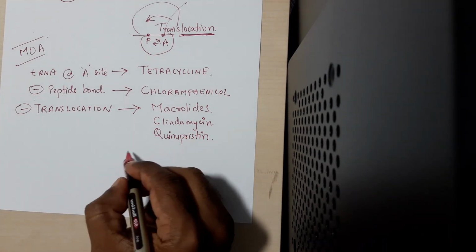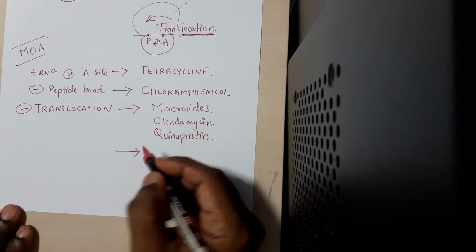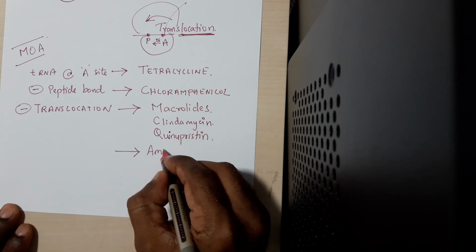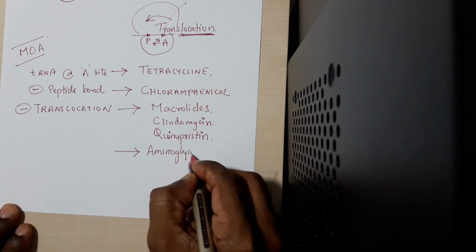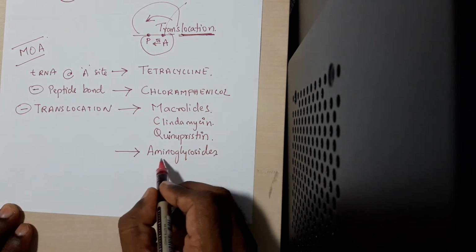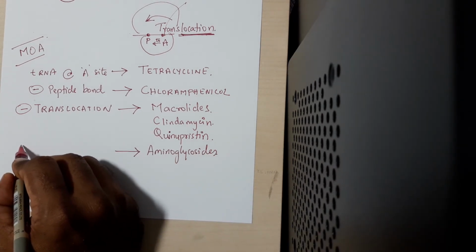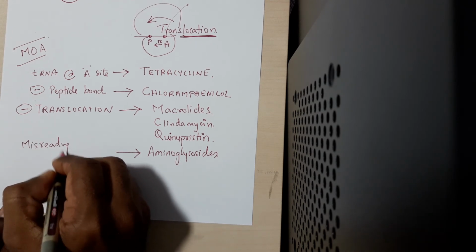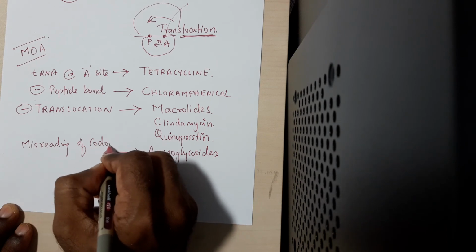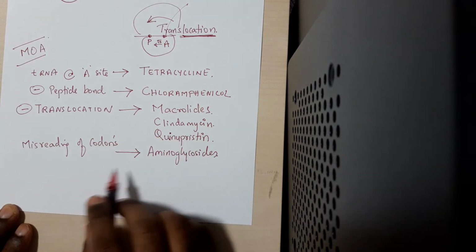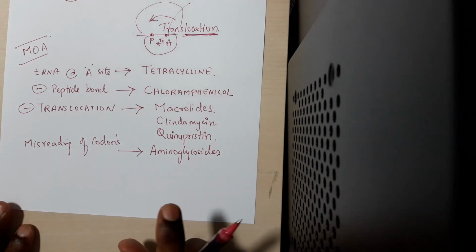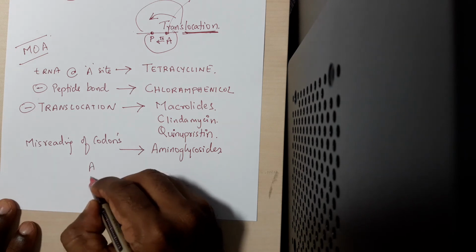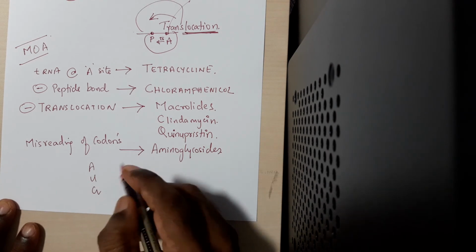Yesterday we finished a group of drugs, that is aminoglycosides. So hope you know how aminoglycosides act. Aminoglycosides act by causing misreading of codons. Normally, for example, we have A, U, G: adenine, uracil and guanine.